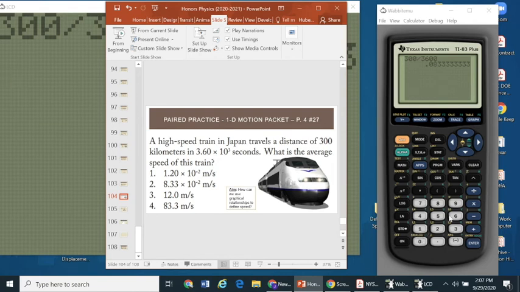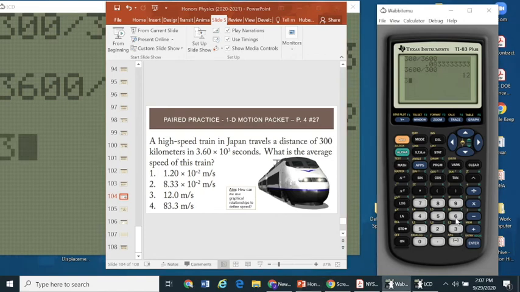Conversely, if you took 3,600 divided by 300, if you accidentally flipped them, instead of doing d over t, if you did t over d, you would get 12, which is choice 3. And if you did correctly do the conversion from 300 to 300,000, and you accidentally divided the time by the distance instead of the distance divided by the time, you would get choice 1.